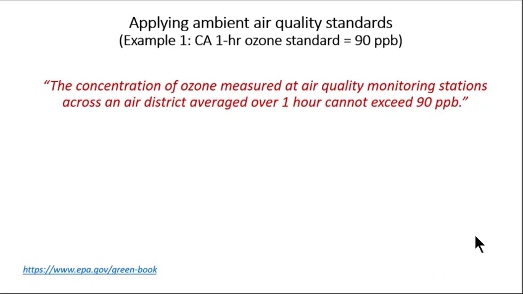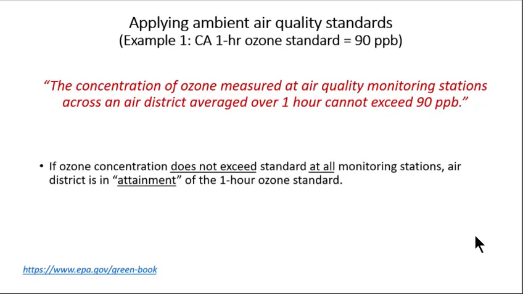Therefore, if an air district is in attainment, the ozone concentration does not exceed the standard at all monitoring stations in an area. If this is the case, an air district is in attainment of the 1 hour standard and therefore complies with the regulation.